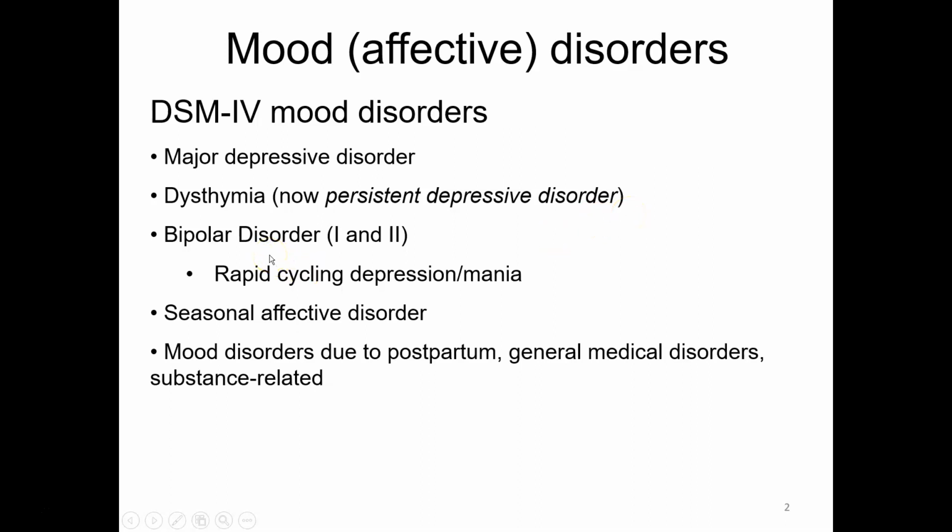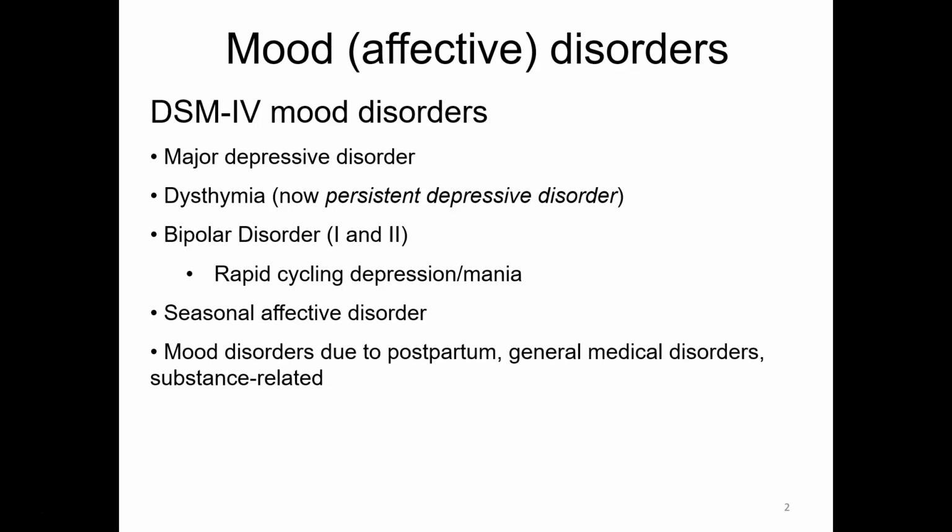So then we have bipolar disorder. Bipolar disorder comes in two different forms. There's bipolar type 1 and there's bipolar type 2. Bipolar 1 will include manic episodes and depressive episodes. Mania can actually include both paranoia and hallucinations and have psychotic features like schizophrenia.